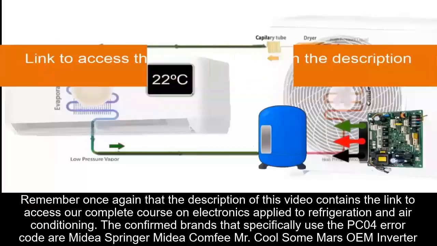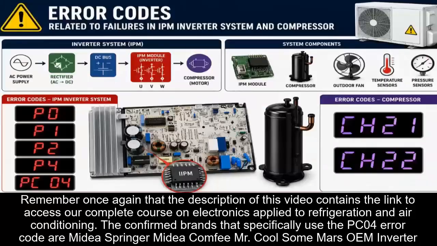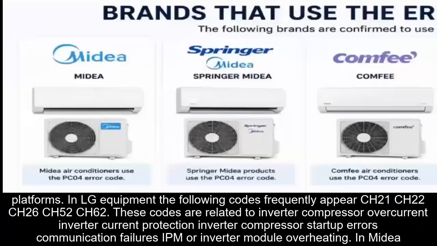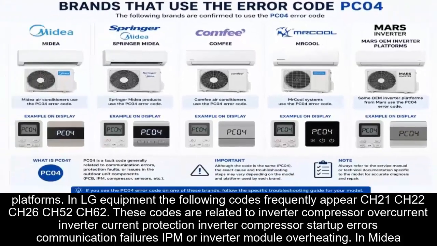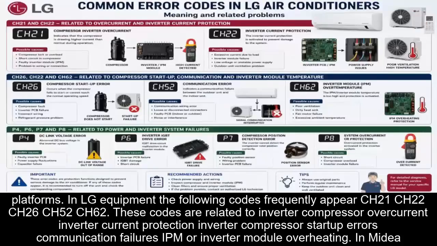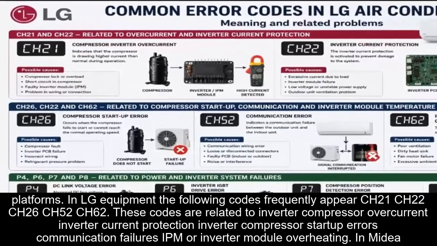The confirmed brands that specifically use the PC04 error code are Midea, Springer Midea, Comfee, Mr. Cool, and some Mars OEM inverter platforms. In LG equipment, the following codes frequently appear: CH21, CH22, CH26, CH52, CH62.